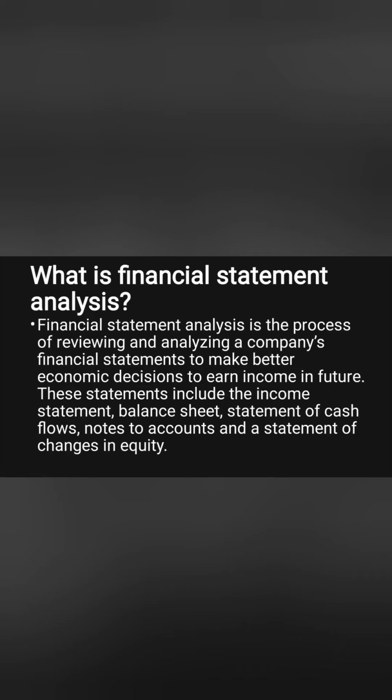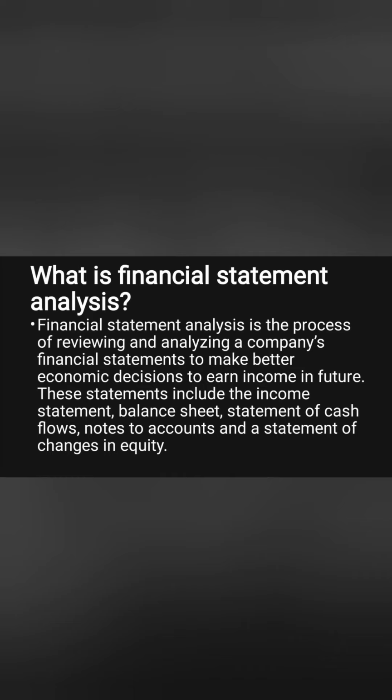What is financial statement analysis? It is the process of reviewing and analyzing a company's financial statements to make better economic decisions to earn income in future. These statements are the balance sheet, statement of cash flow, notes to accounts, and profit and loss account.